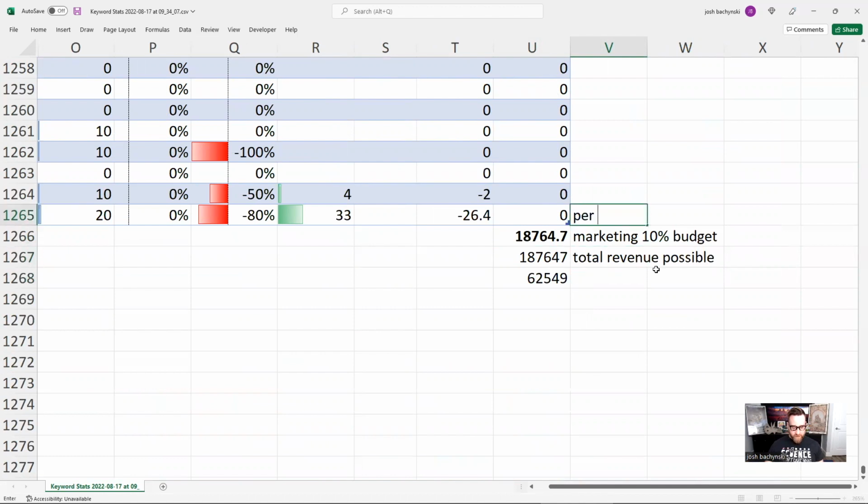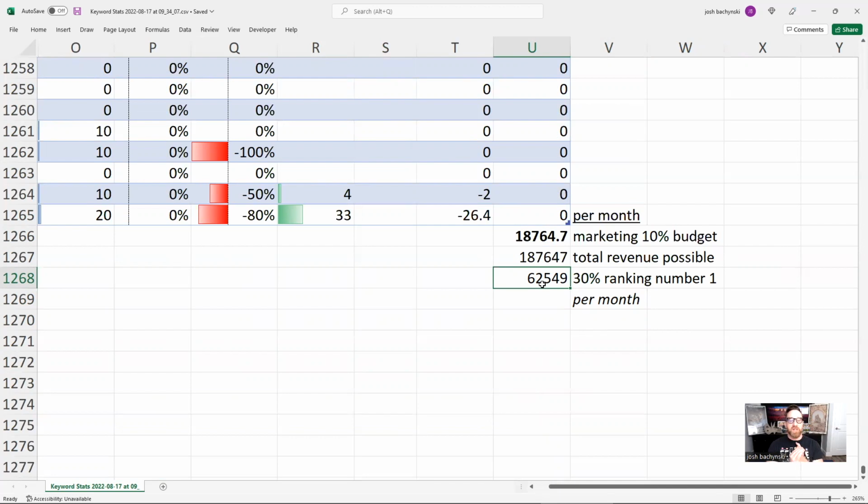This is per month. I add total revenue possible, and this is the 30% ranking number one that you would be making per month. That's how much this should be getting you, right? $62,000 is what the total is there, which you should be getting per month.